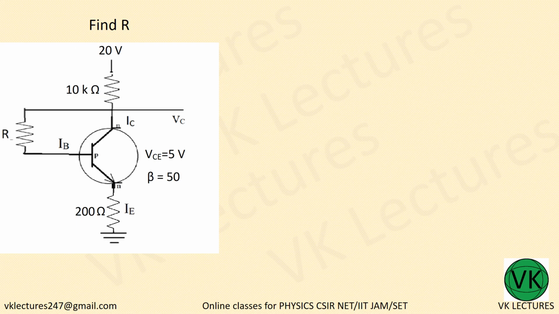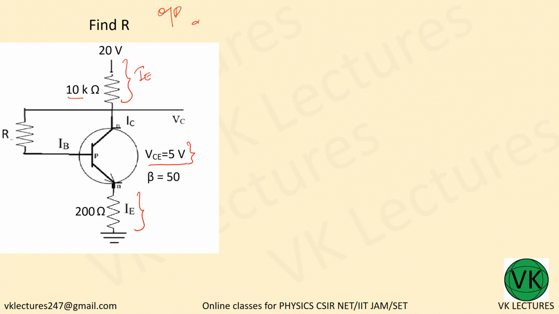So first of all, let us see the output. This voltage VCE is given to be 5 volt. So there will be a drop here also, but that is nothing but IE into RE. Whatever current is flowing to this, it will come to this also. So IE into RE plus, so IE into 10 kilo ohm and a drop which is VCE.